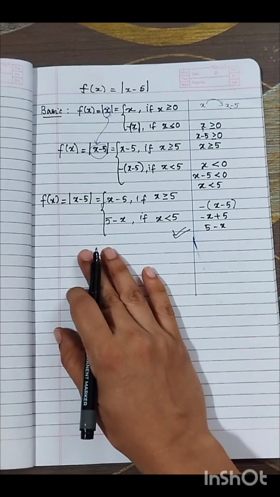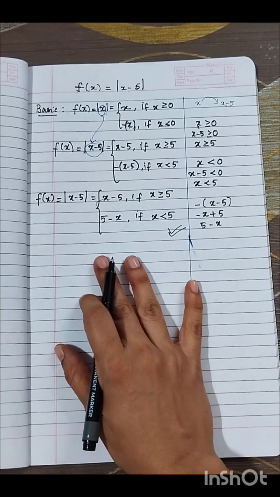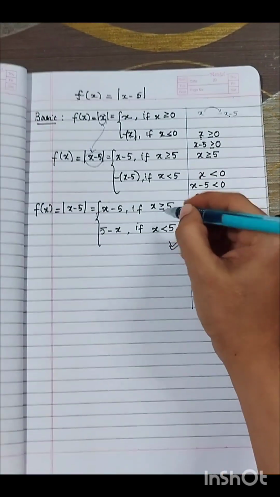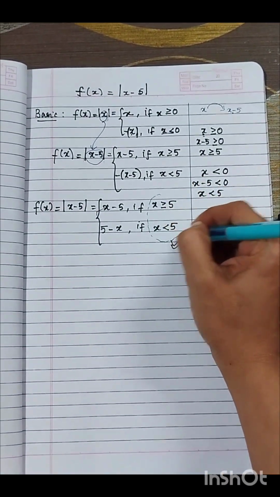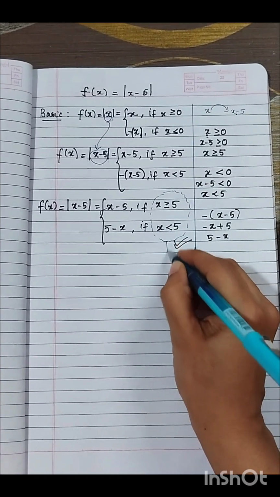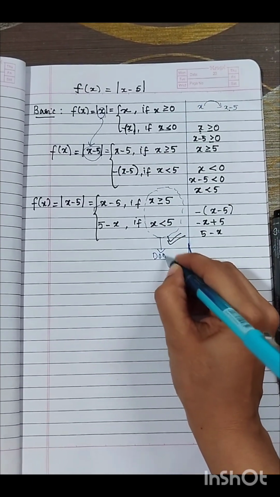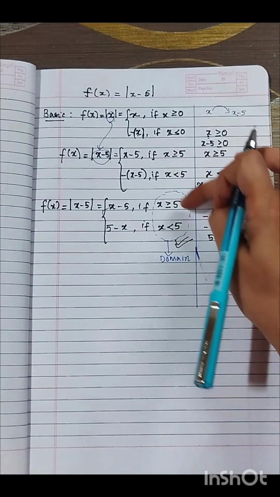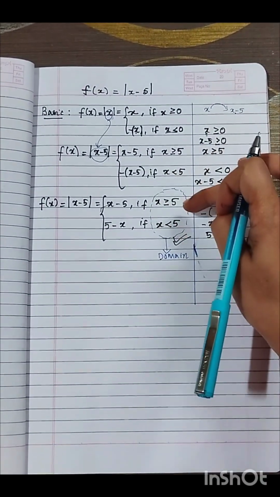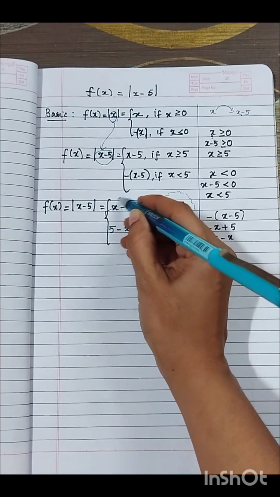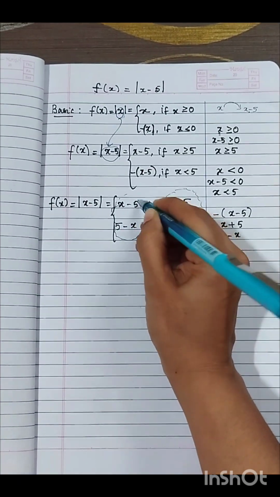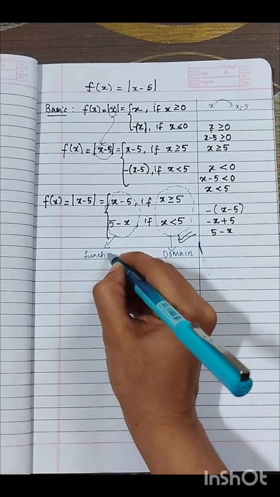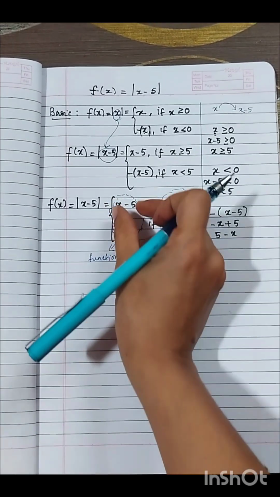Let us revise what we studied in class 11. We call this entire part the domain. Whenever I say domain, you should know that we are talking about these inequalities. And when I say function, you should know that this is what we are going to discuss.